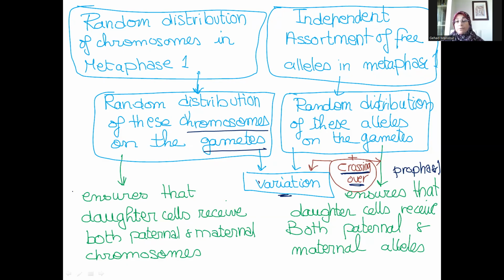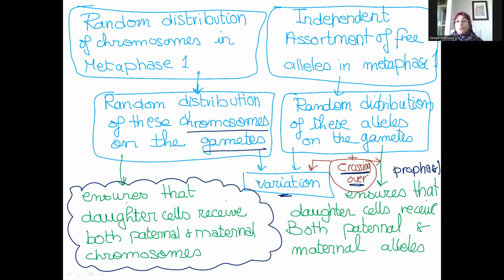Now, again, for the question we had in the homework, we emphasize that random distribution of the chromosomes on the gametes ensures that each daughter cell receives both paternal and maternal chromosomes, especially if we are considering the whole number of chromosomes.